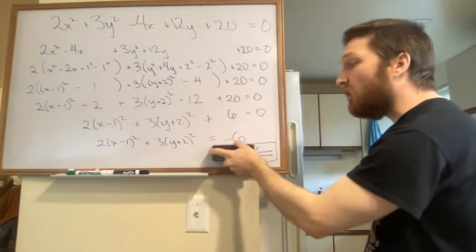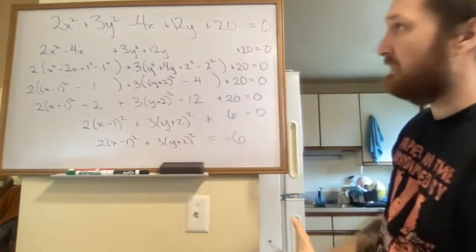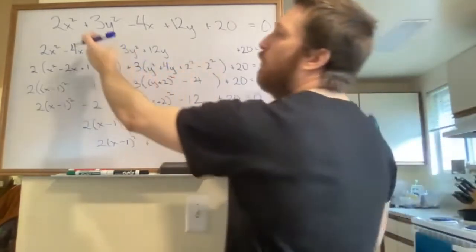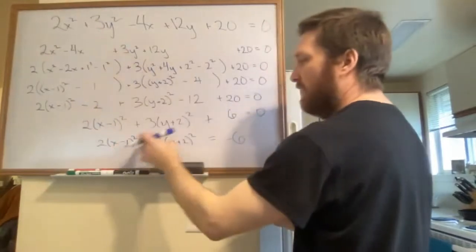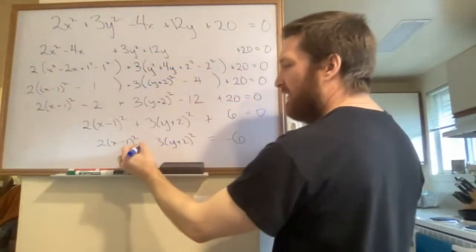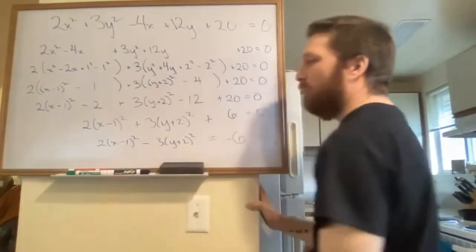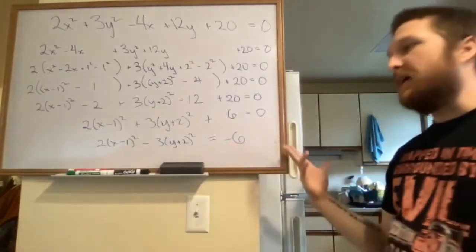Now, this could have gone down differently, though. It might have been the case that, let's just say, the 3 was negative, and it would be slightly different. But let's say that in the end we ended up with this and that, and you go, oh, negative number, you can't have that.